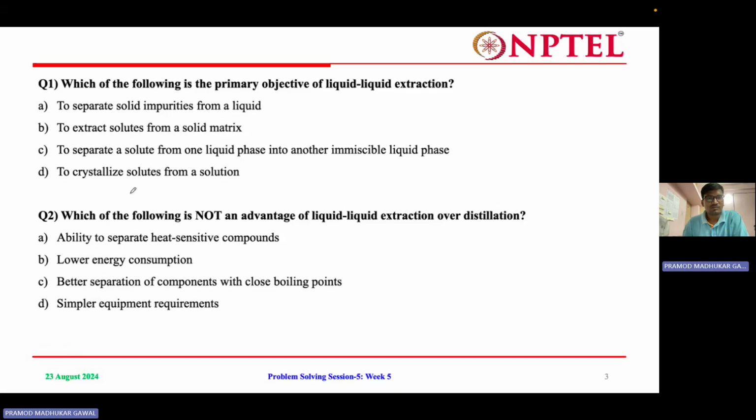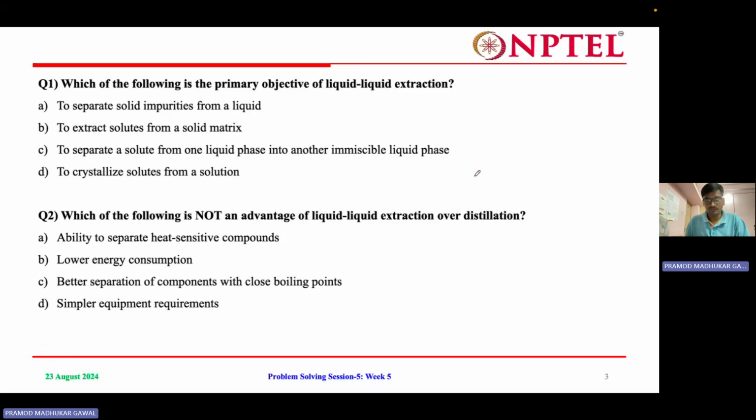Question 1: which of the following is a primary objective of liquid extraction? Generally, liquid extraction is used to separate the solute from one liquid phase into another immiscible liquid phase with the help of a solvent.